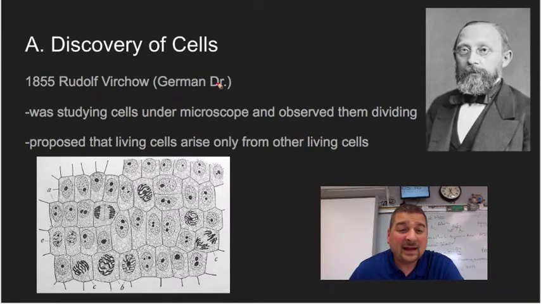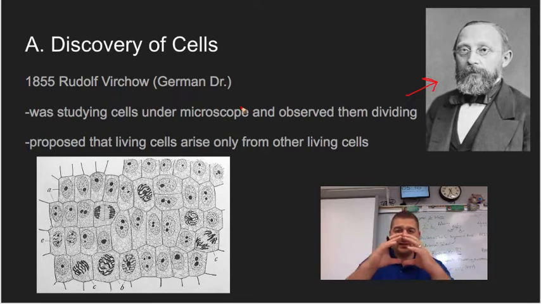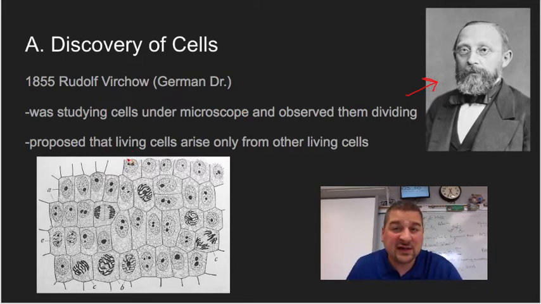A little later than that, there was a German doctor by the name of Rudolf Virchow. This is him over here. He was studying cells underneath the microscope when he observed something. He saw a cell actually divide into two, slowly dividing into two new cells and growing. This really made him think, because there was this idea of spontaneous generation at the time, where living things could arise spontaneously from non-living stuff.